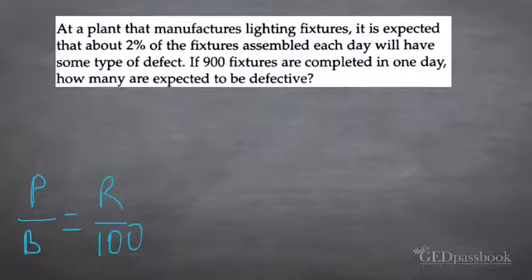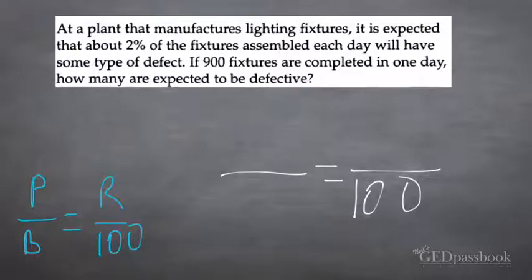So in this specific word problem, if we could read it again. What were we given? You'll always have it over 100. We're given the rate, am I right? Because we're given the percent. That's an easy one. Rate in this world is always the percent. So 2, easy peasy. Now, they gave us another number. 2% of fixtures assembled each day will have some type of defect. If 900 fixtures are completed in one day, how many are expected to be defective? 900, what is that representing?